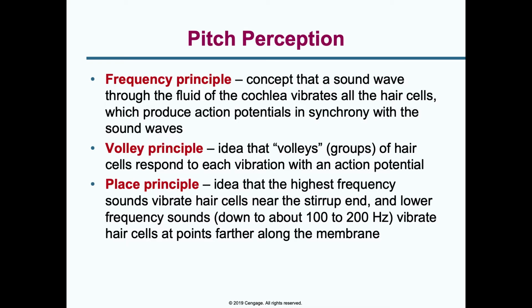So picture two people playing two different instruments. They're both playing at the same time, in a synchronous way with each other, and they work together, okay. And each hair cell will send an impulse to the brain.